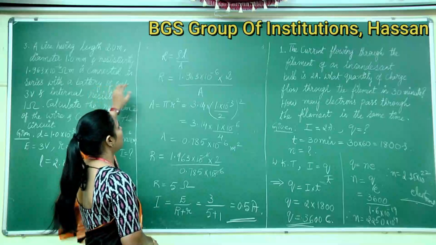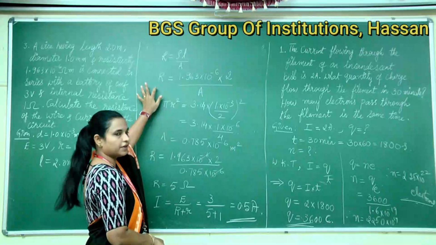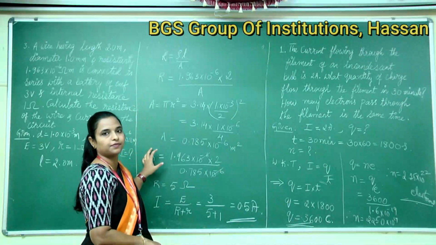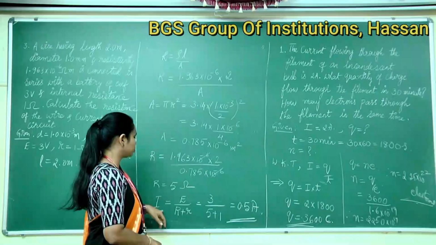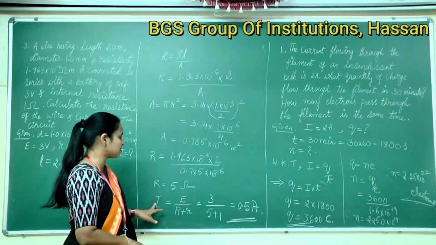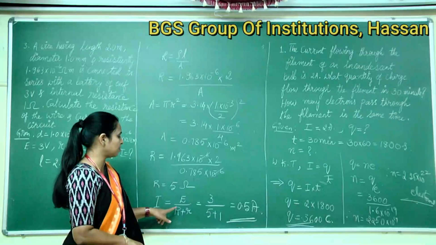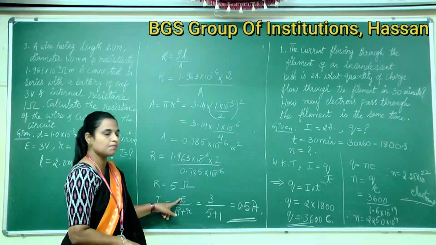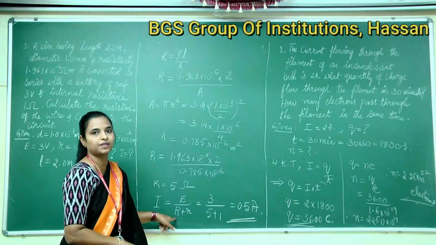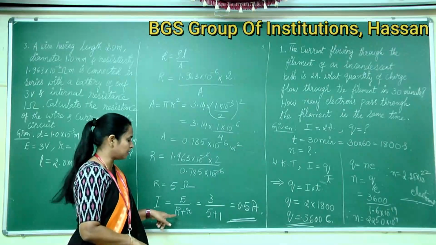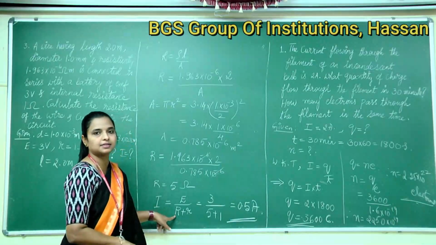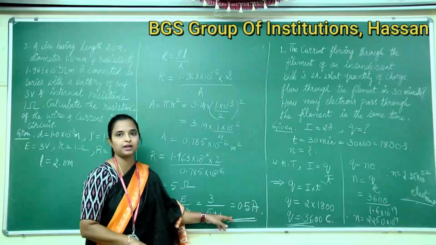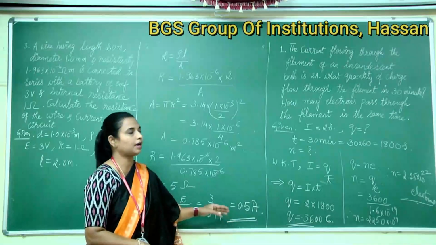Here first we have calculated the resistance of the wire, and when the internal resistance of the cell is given, you should remember the formula, that is main current in the circuit is equal to the ratio of EMF to the sum of internal resistance and external resistance. So finally we have arrived at the value for current.